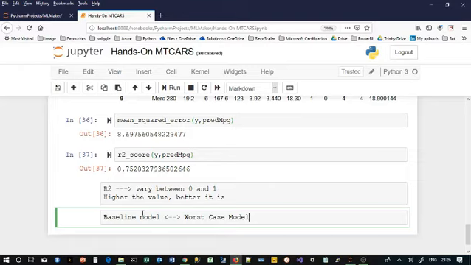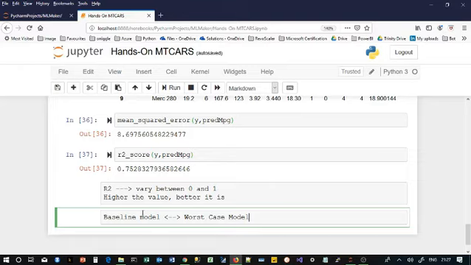It says most of the observations tend to be around the mean. So if I give you 100 new cars, most of the cars tend to be around the average miles per gallon. So if you use the mean miles per gallon as a predictive approach, you're not going to be way off. But we also call that the baseline model or the worst case model.